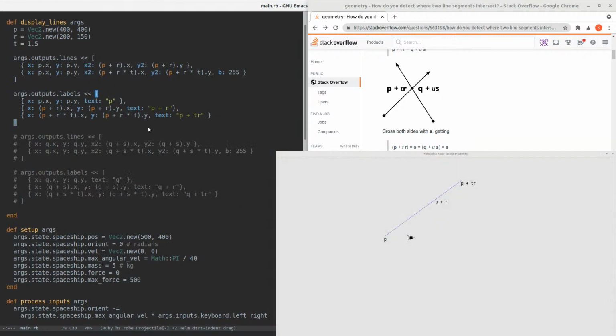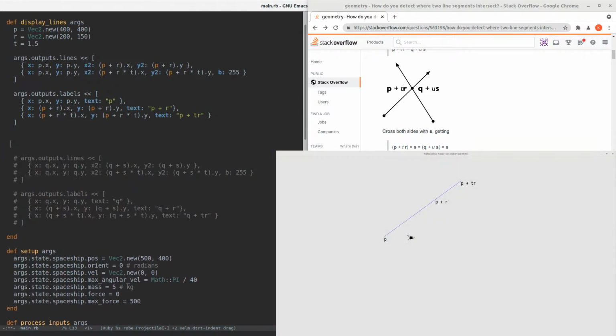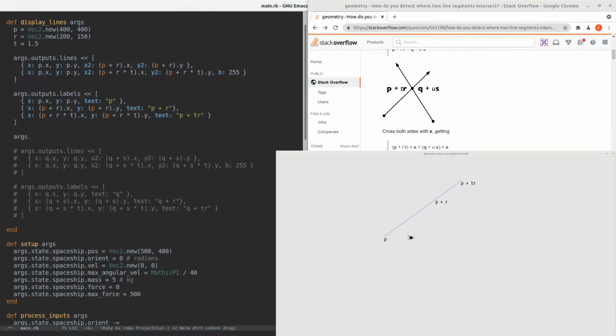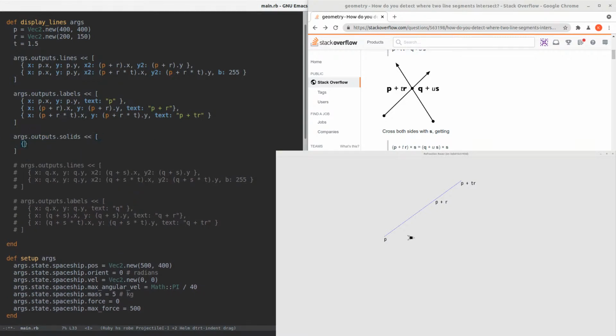Let me actually add in some solids here so you can see what's going on. args.outputs.solids, and we will add in x or y with -3, width of 6 and a height of 6.